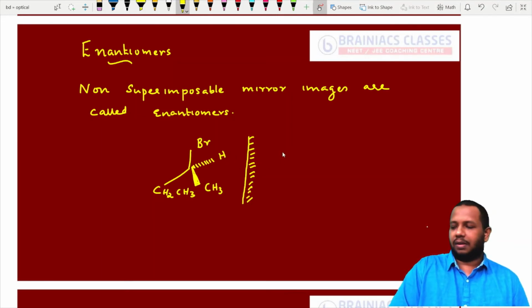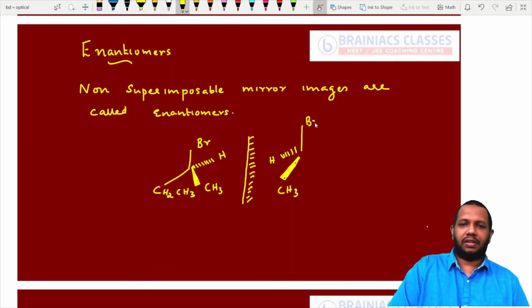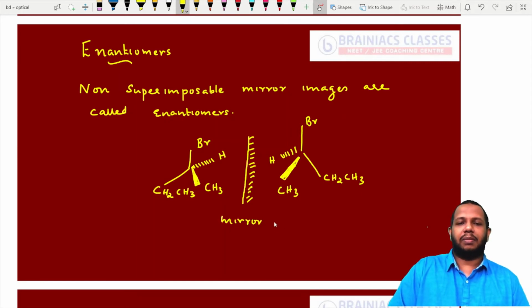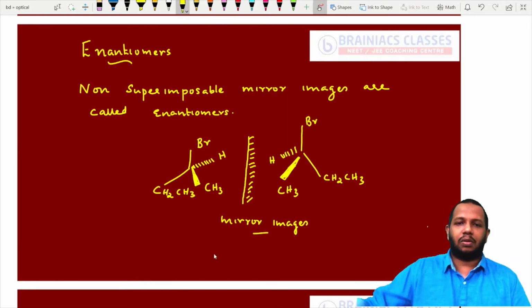This hydrogen will come here, correct? So you will have hydrogen like this, and CH3 will be present like this. Then bromine will not change because it is present in the upward direction, and the CH2 CH3 will be like this. So these are mirror images. So we can say non-superimposable mirror images are called enantiomers.